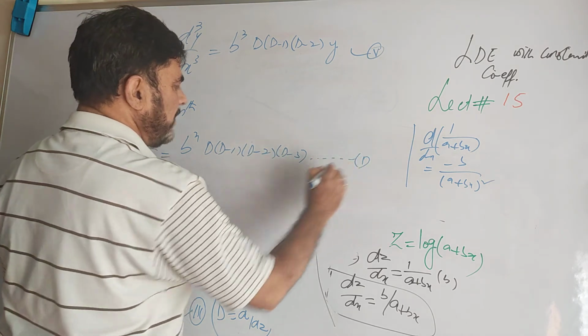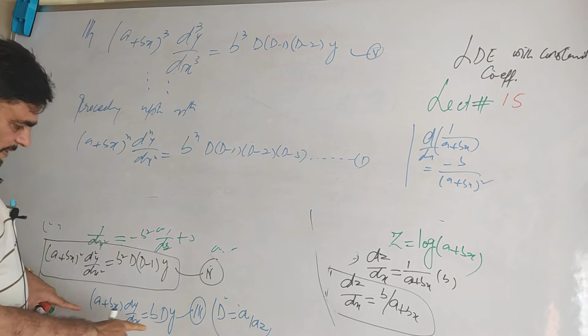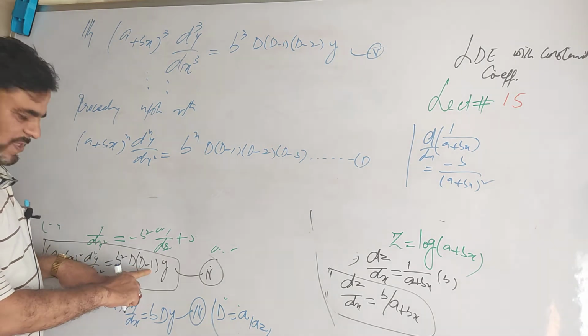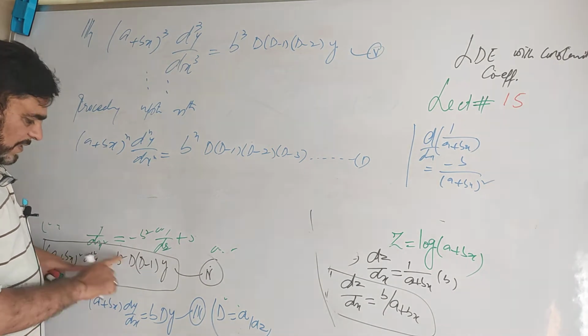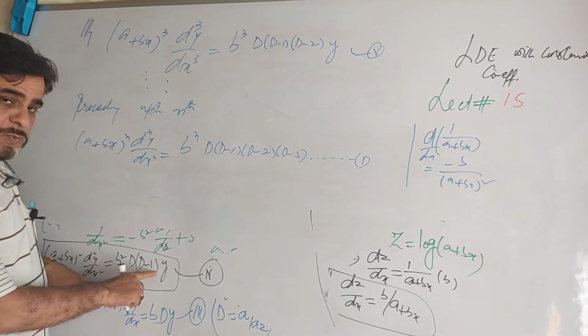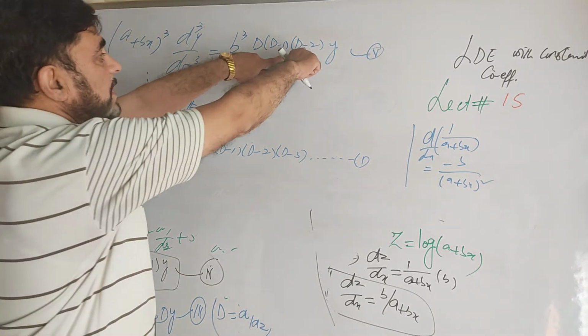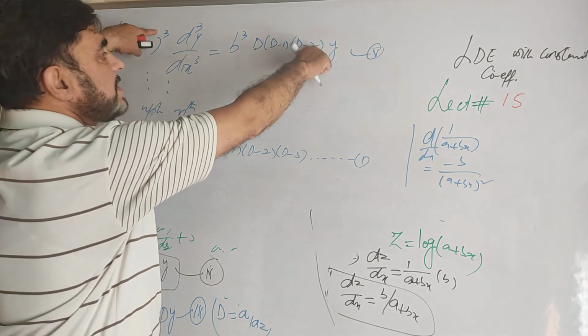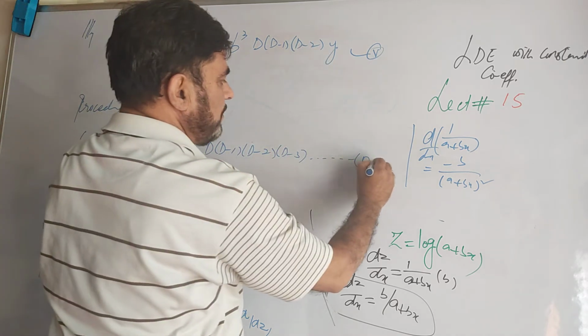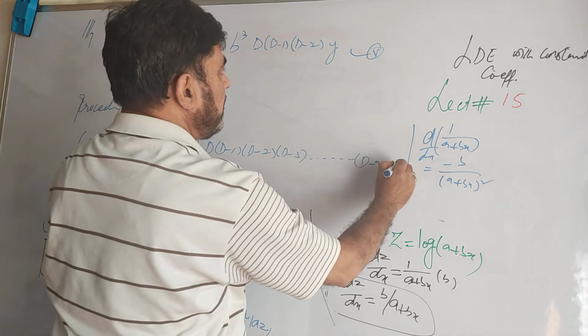Last it will be, you see when you write D, this factor, it is D into D minus 1, the second derivative, you can write it is D minus 2 plus 1. Here you can write the last factor D minus 3, this is 3 minus 3 plus 1. Here it is D minus n plus 1 into y.